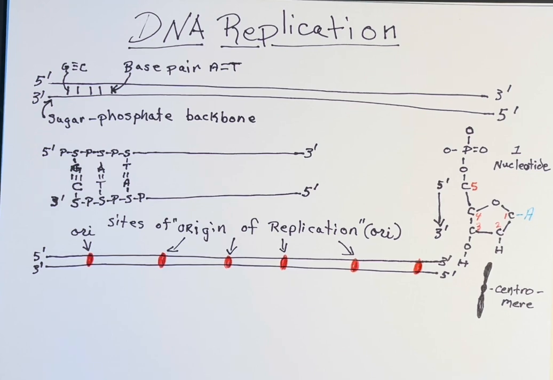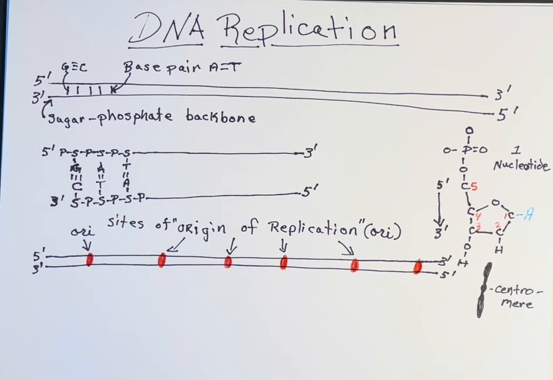There's an enzyme that attaches along these sites of origin of replication, and this enzyme, helicase, latches on and starts to break the hydrogen bonds. And it's a lot easier, requires less energy to break at adenine and thymines because of only 2 hydrogen bonds between them, the base pair.